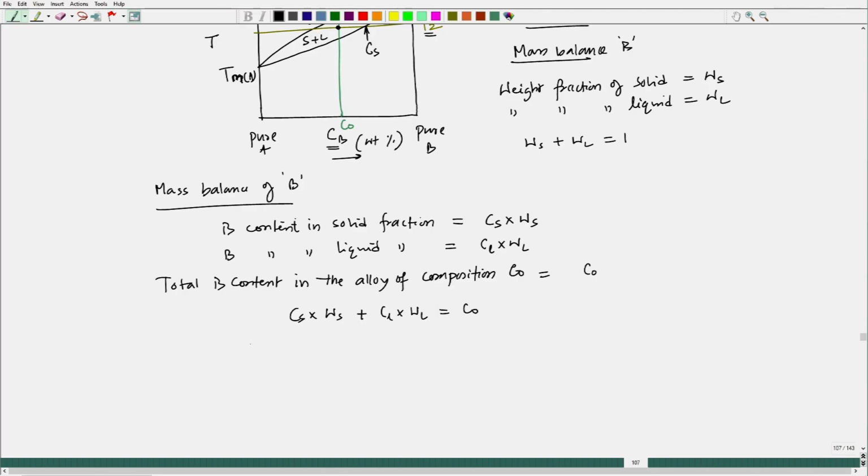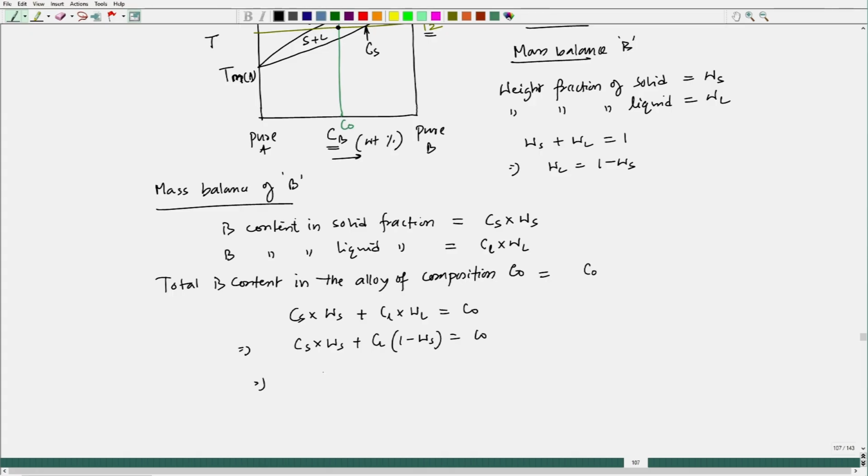And then we can write WL equal to 1 minus WS. So, if I replace WL, Cs into Ws plus Cl into (1 minus Ws) equal to C naught.